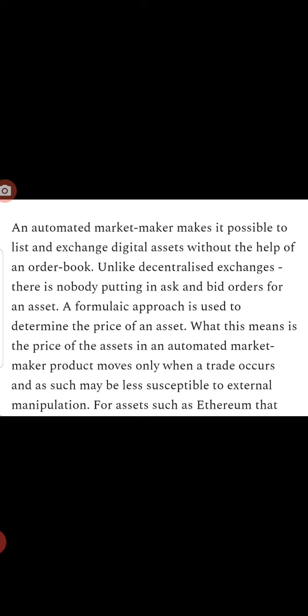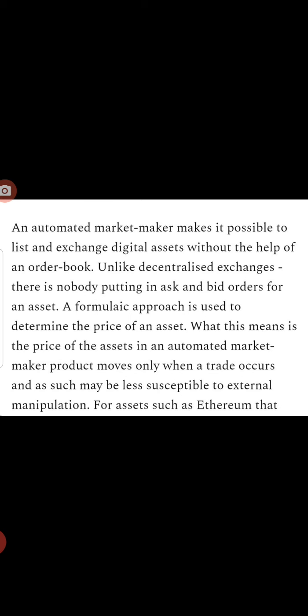If somebody comes and buys TST with Ether, the automated market maker protocol will adjust the price in a positive direction, depending on the amount involved. Now, if there is somebody who comes and sells TST for Ether, the automated market maker protocol adjusts the price in the opposite direction.